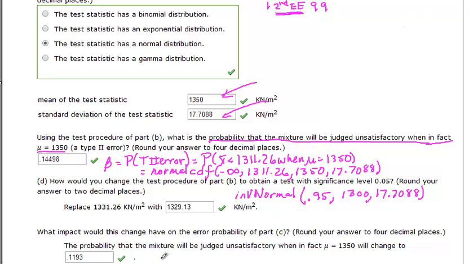On this one you're just supposed to do part C again, but instead of this 1311.26, what I want you to key in is this value right here. So just do the exact same normal CDF, everything's the same, but plug this value in for your upper limit and you'll get what you're looking for.